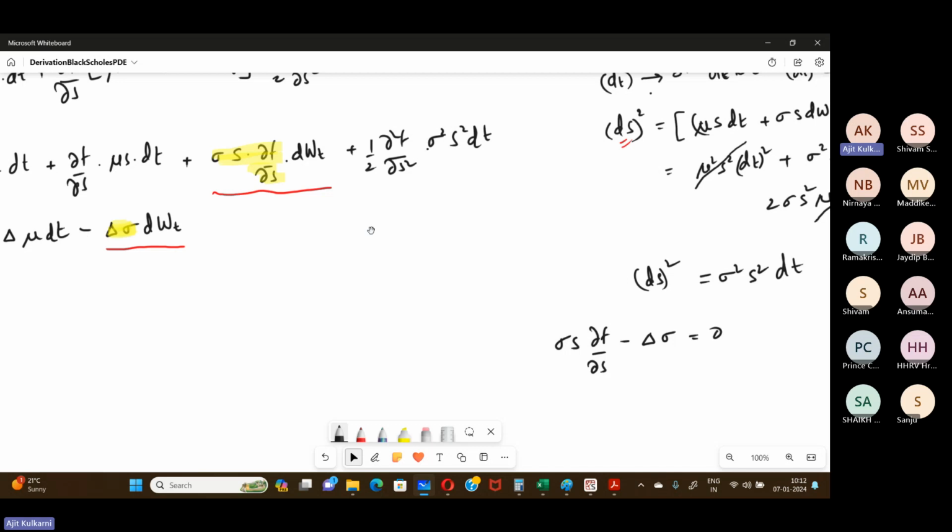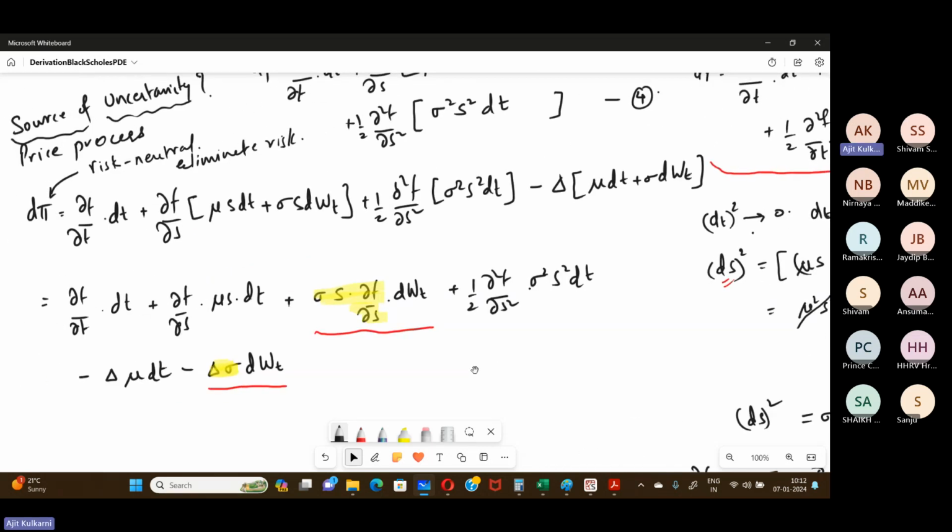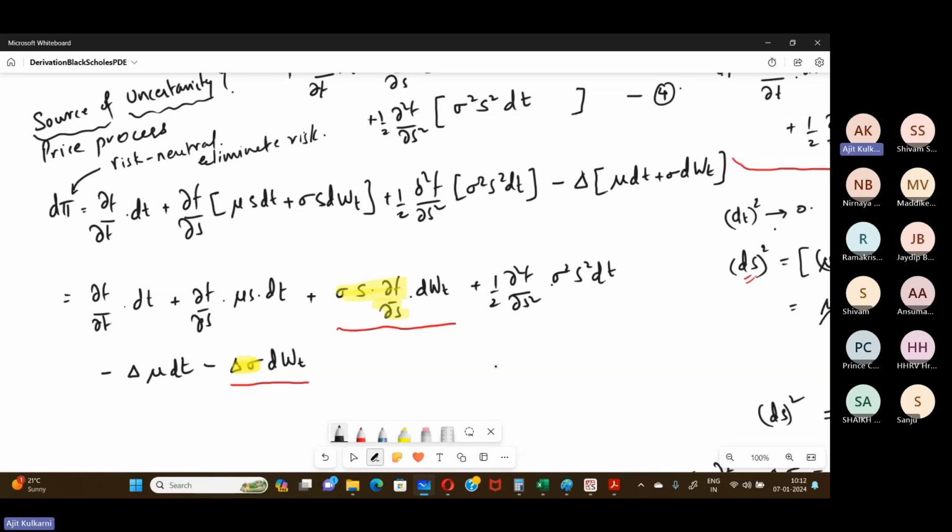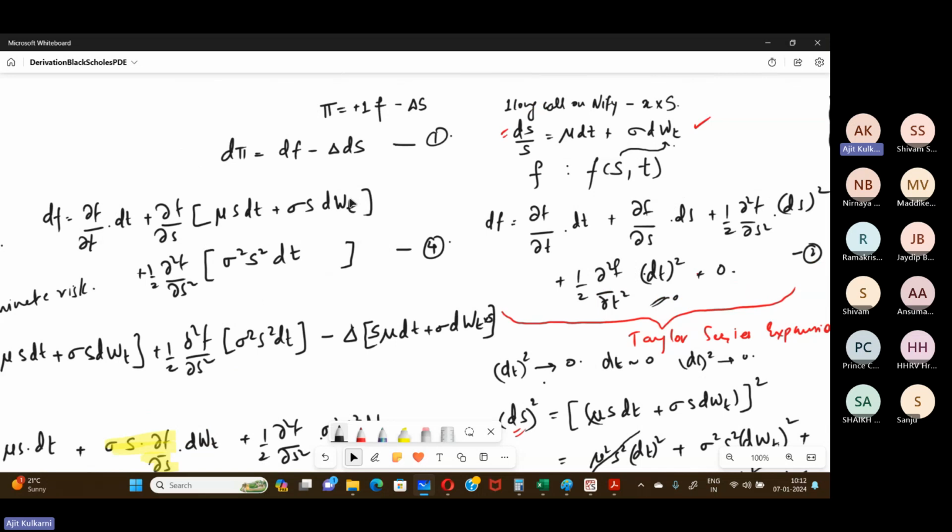I think we missed out something. We missed out one s here. Why did we miss out s? Because this was delta into dS, and dS is equal to S into mu dt plus sigma S into dWt. So we had missed out that S here.